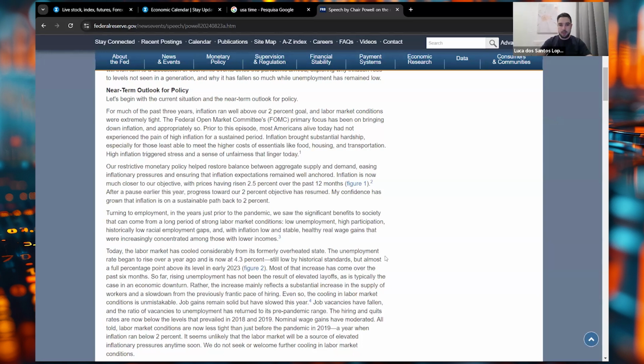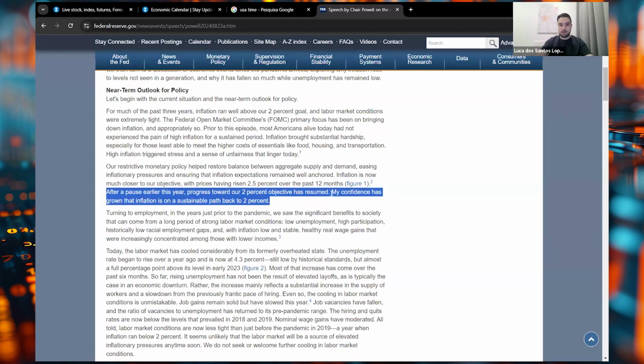Okay. So when we come to the Federal Reserve website, we can see that inflation is now much closer to the objective that they set, with prices having risen 2.5% over the past 12 months. And then they say, after a pause earlier this year, progress toward our 2% objective has resumed. My confidence has grown that inflation is on a sustainable path back to 2%.